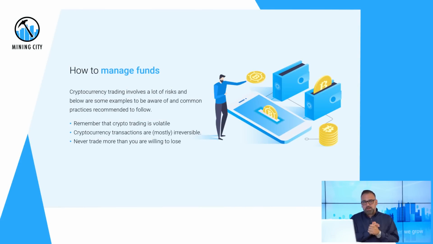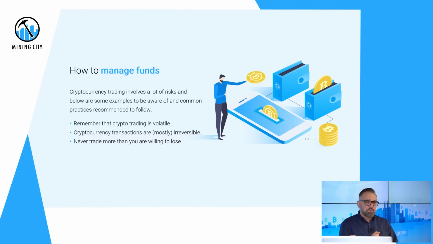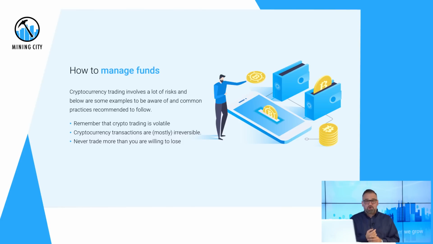So how to manage funds? You see, every trade has its own set of risks, and cryptocurrency trade is no exception. So before you set out to become a trader, let's take a look at 3 of the primary risks involved. The first thing you should keep in mind is that the cryptocurrency markets are incredibly volatile, and the value of your assets can drastically change with no warning.